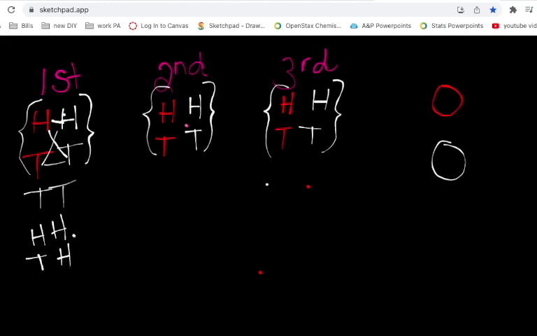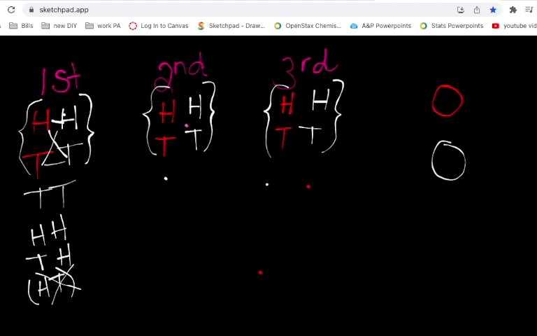Now since we're flipping them at the same time, TH and HT are the same thing. We don't care which coin is red and which coin is white. We're just saying there's two coins, we're flipping them at the same time. We want to talk about the probabilities of these.